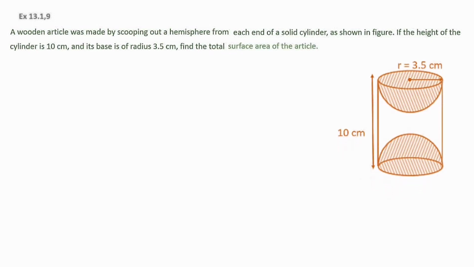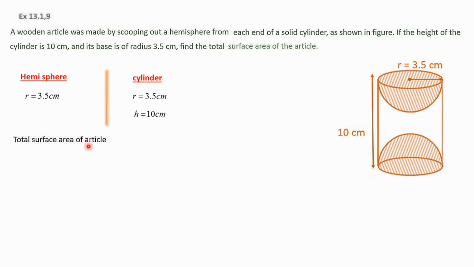So the diagram is given to us like this. Radius is 3.5 centimeter and height of the cylinder is 10 centimeter. For the hemisphere measurements we will write radius 3.5, and for the cylinder radius is 3.5 and height is 10 centimeter. We are asked to find the total surface area of the article.